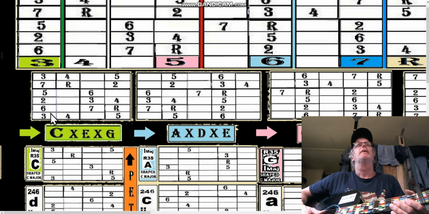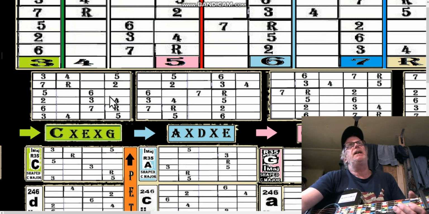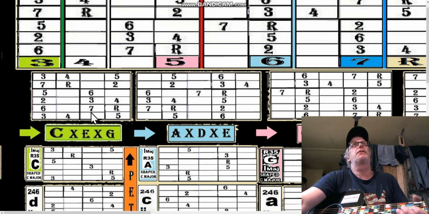So that's E tuned, okay? And so this cage here actually has 3 pentatonic scales in it.